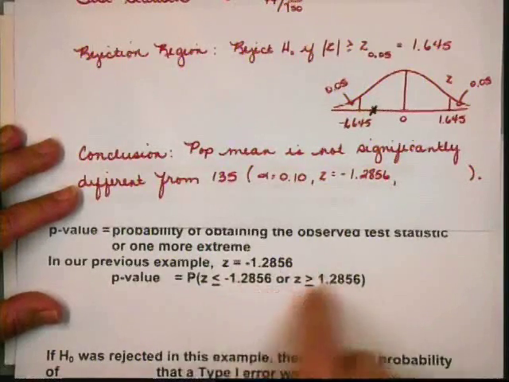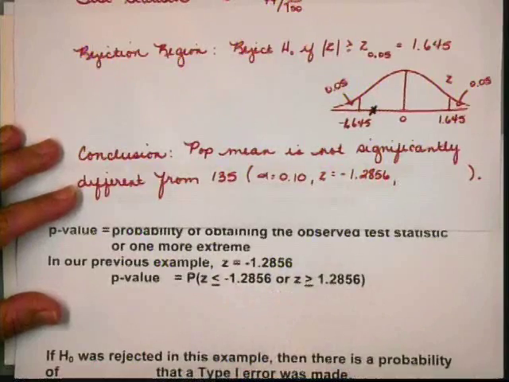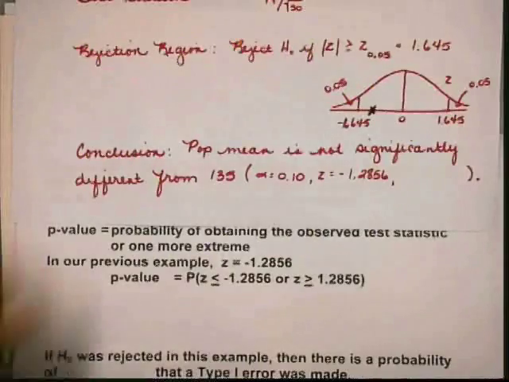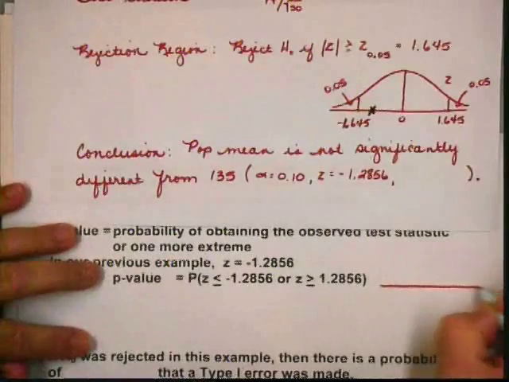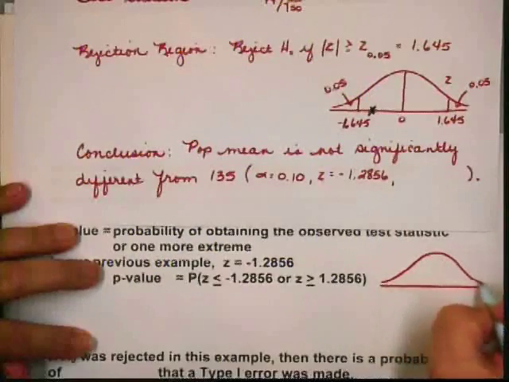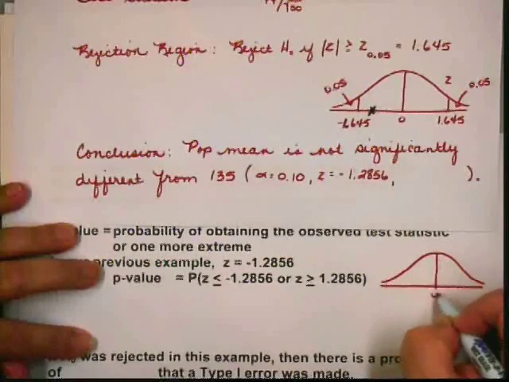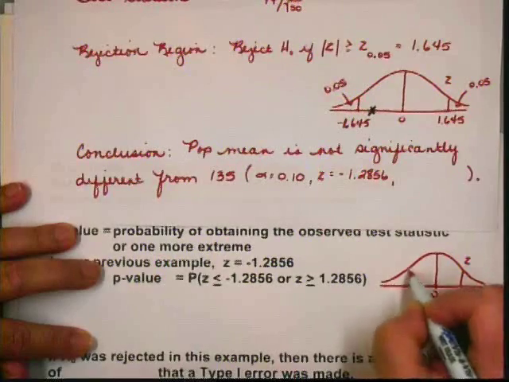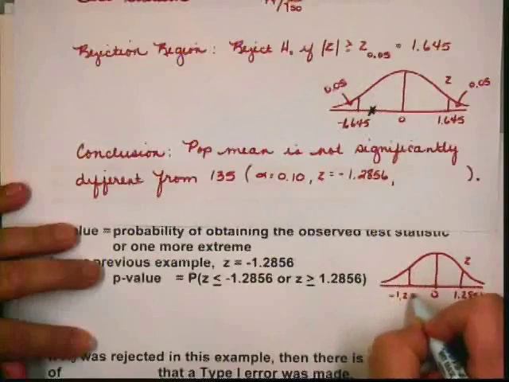How do you find this probability? Our picture is going to look a lot like this one. It's just that the values we write down here are different: 1.2856, negative 1.2856.